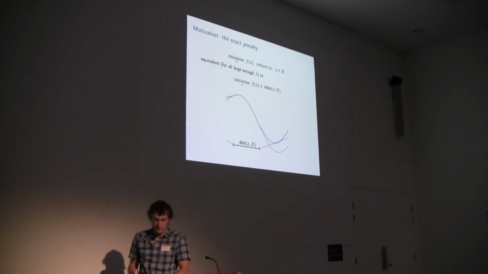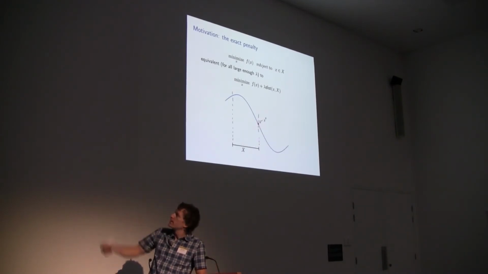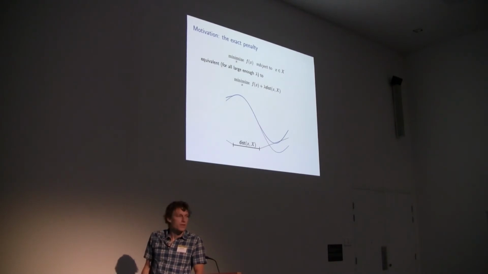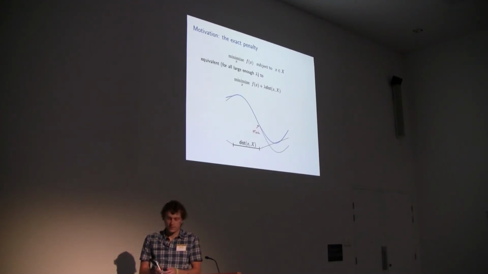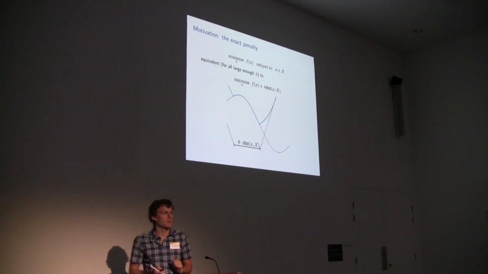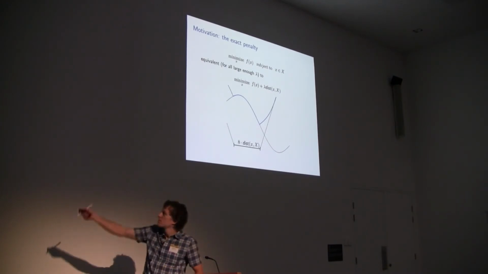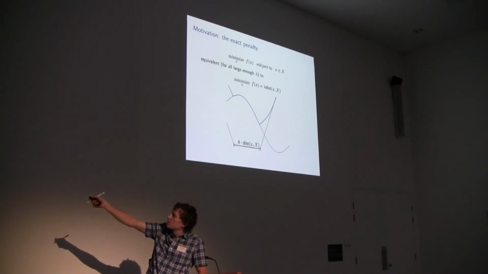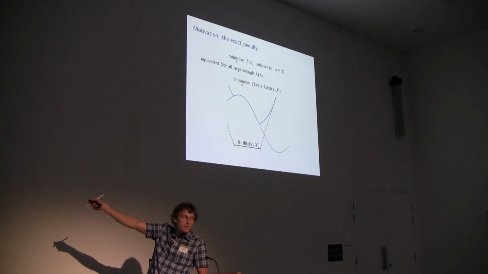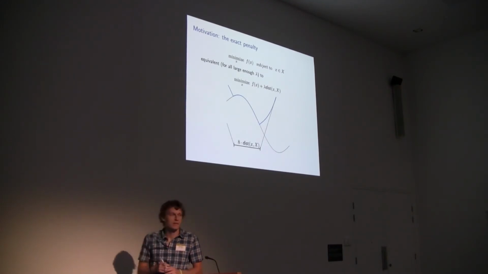We went from this blue line to this new blue line, which now has a tiny little kink, but this still has different minimizers than the constrained problem. But if I add a really big multiple of the distance, you can see that, sure, we don't have any active constraints, but right here is both the global minimizer of the constrained problem and the unconstrained problem.